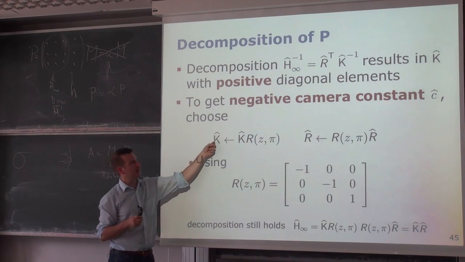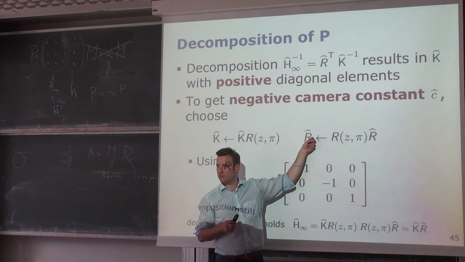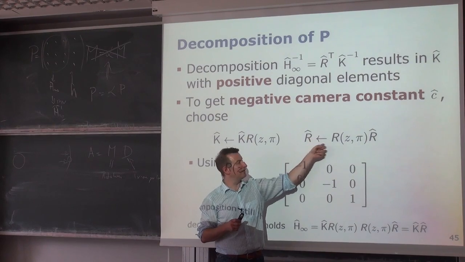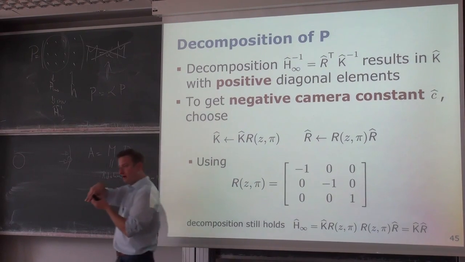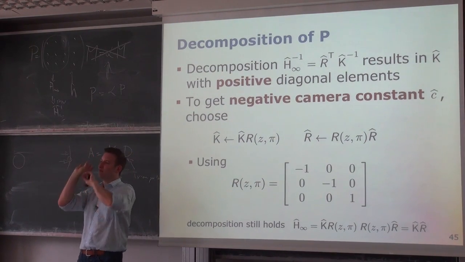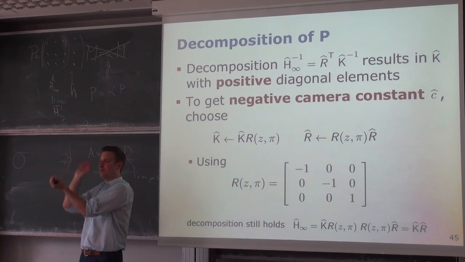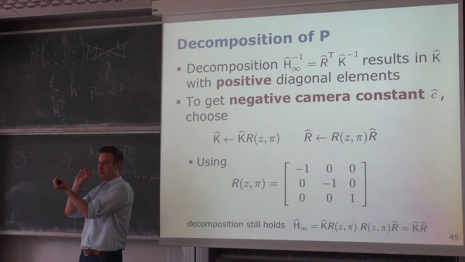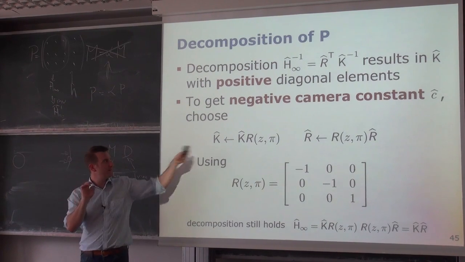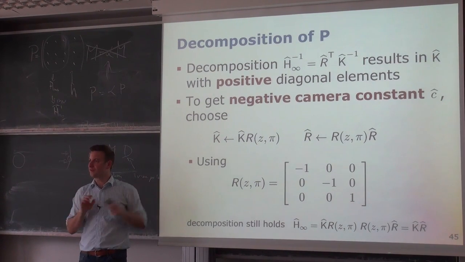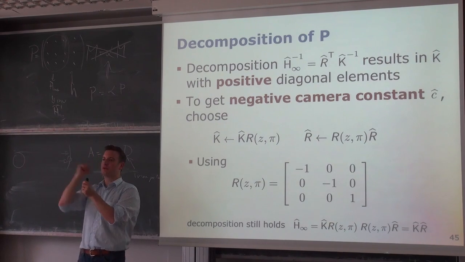And I multiply K as well as R with this matrix, and then obtain the same result. It's kind of identical to flipping the camera and moving the image plane to the other side. It's just kind of two possible ways how this projection can work. And I need to define the coordinate system and then do this transformation the same way. Otherwise, the camera would look into the wrong direction.